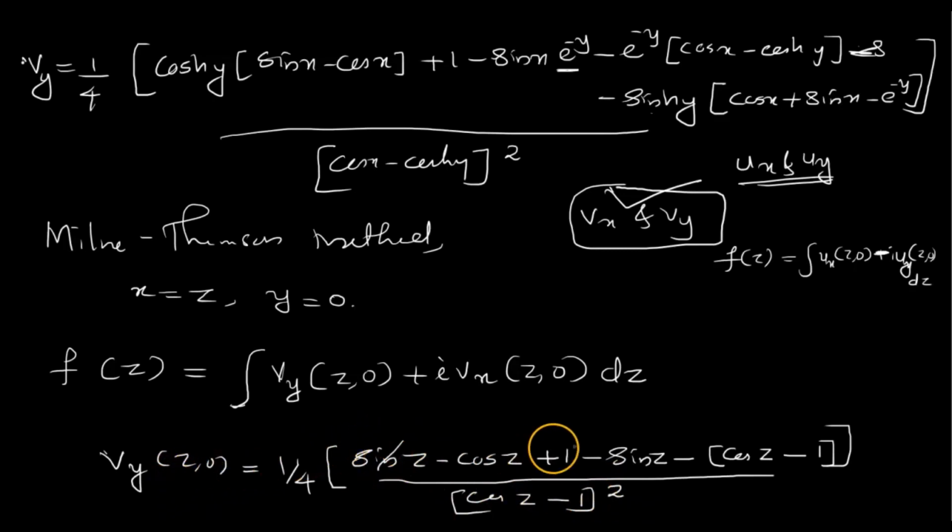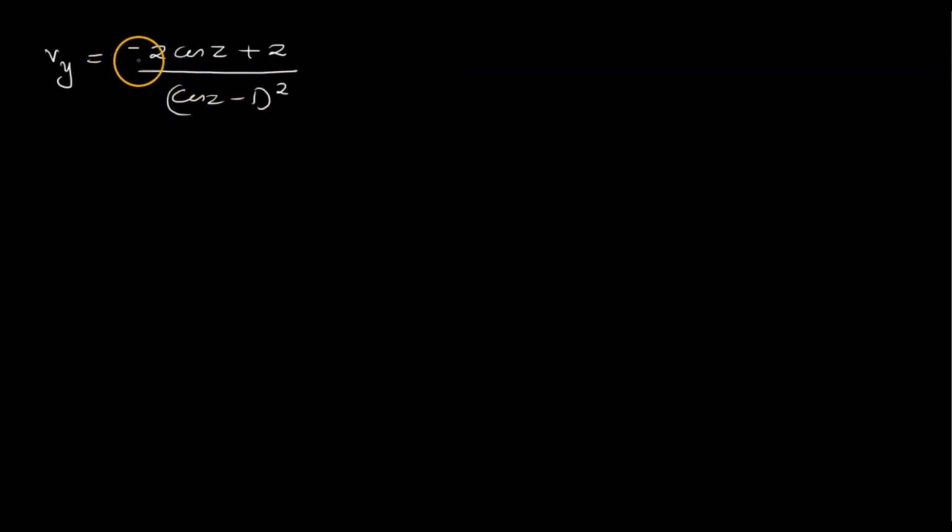We can cancel sin z here, sin z minus sin z, and this is 1 plus 1, and this is minus cos z minus cos z, that is minus 2 cos z. So finally we get Vy as minus 2 cos z plus 2 divided by cos z minus 1 whole square, and also there is a 1 by 4.